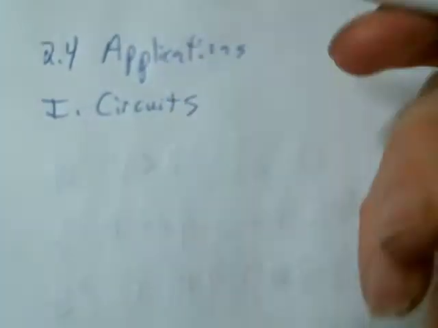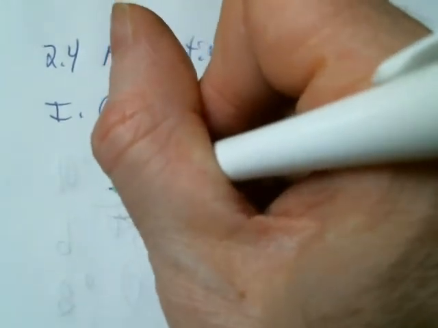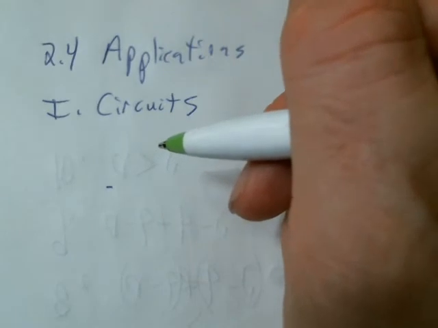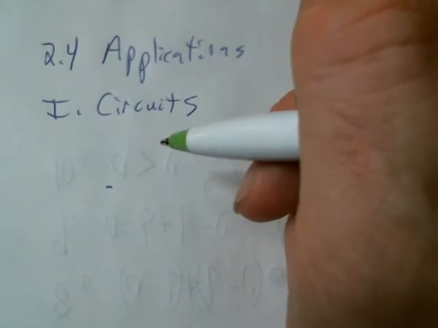2.4 applications. And in particular, we're working with circuits now. And we can draw a simple circuit diagram, which I'm sure they show you in the book. Let me get my book sort of open here.